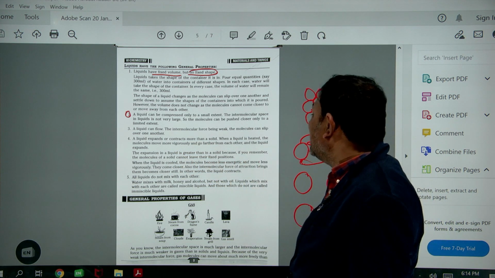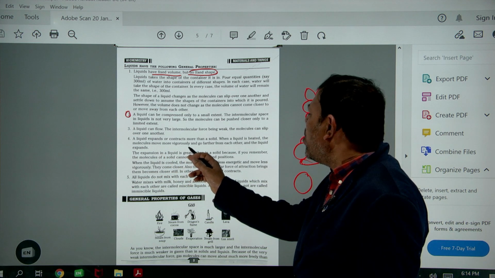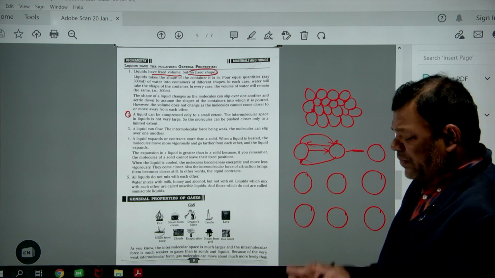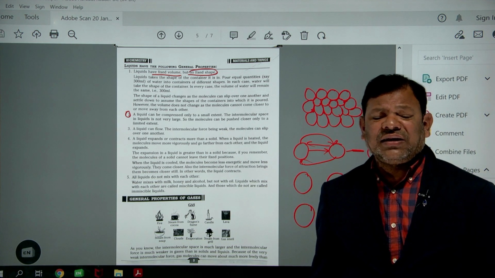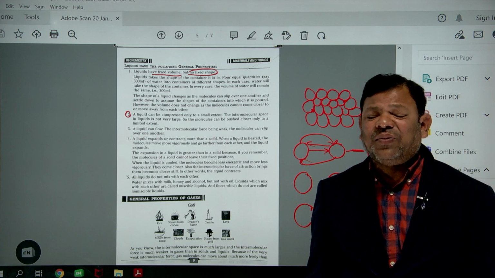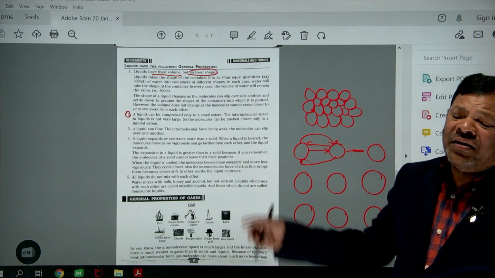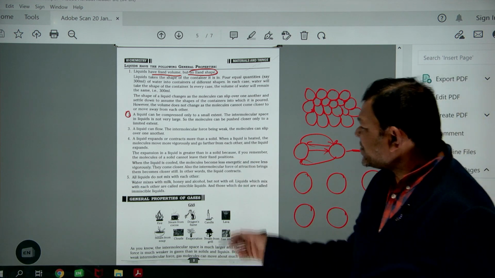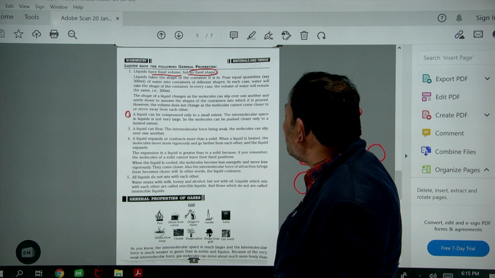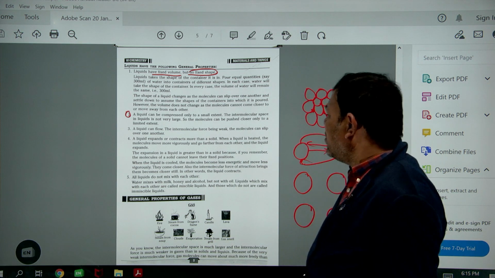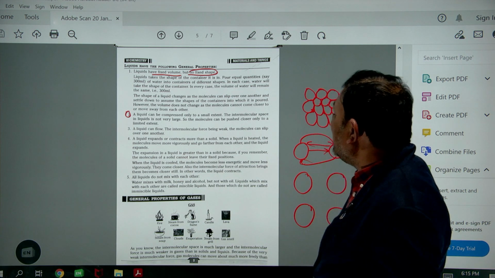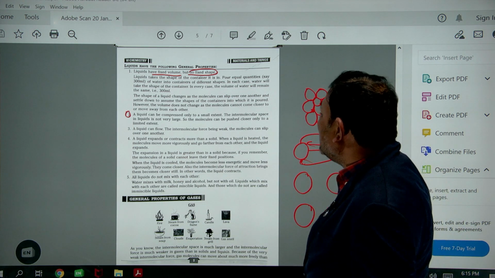When a liquid is heated, the molecules move more vigorously and go further from each other and the liquid expands. Based on that, the thermometer is prepared on the principle that liquids expand when heat is applied.